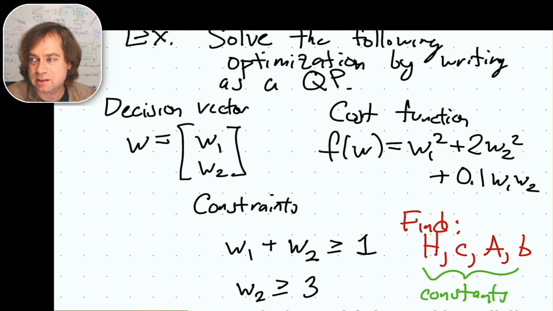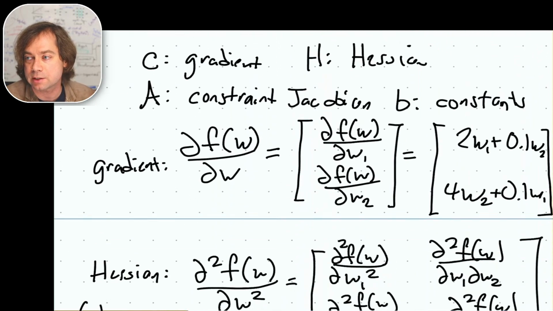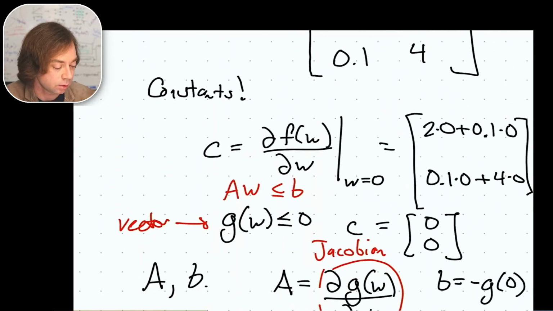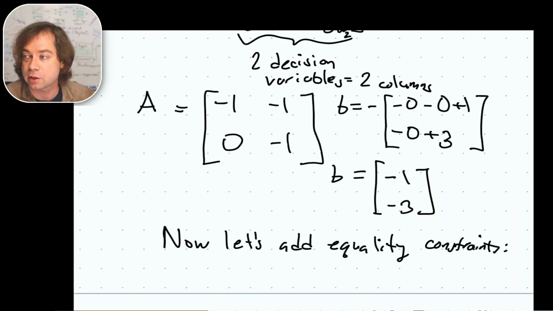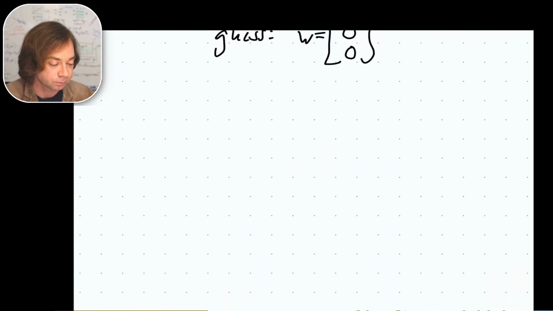Okay, why is this so important for a lot of the control elements of this class? Why is the quadratics important? Well, a lot of our costs are going to be quadratic in control.